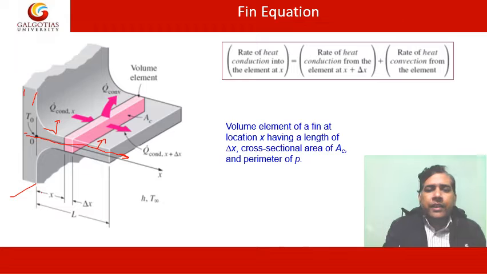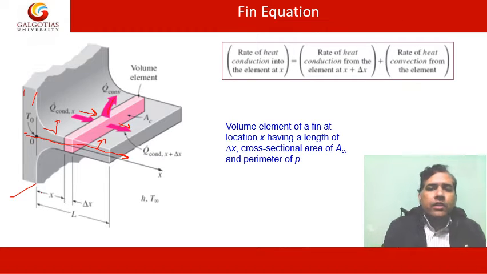If we analyze this elemental volume, we see that heat is entering from one plate through conduction, and leaving from one surface through conduction, but heat is also leaving this volume through convection.